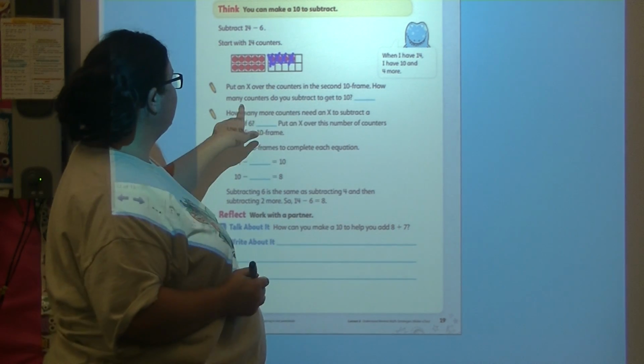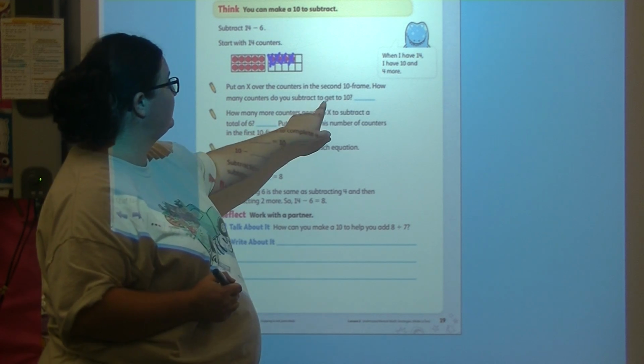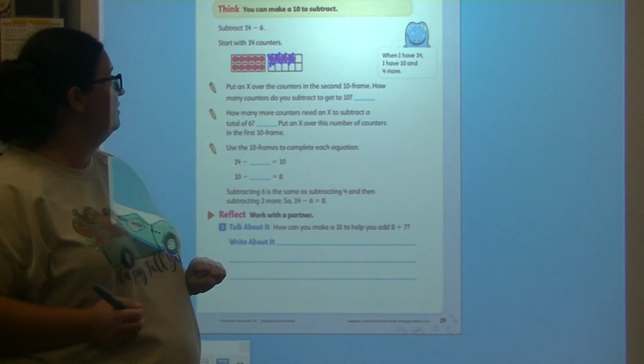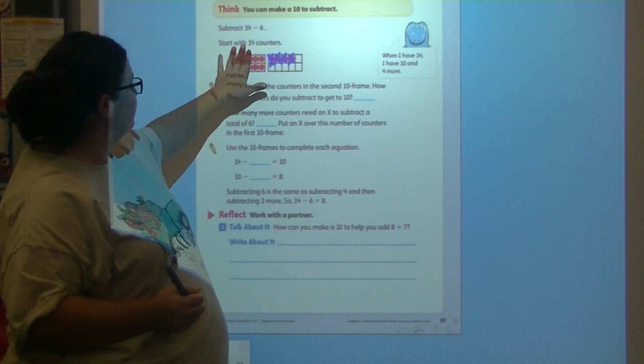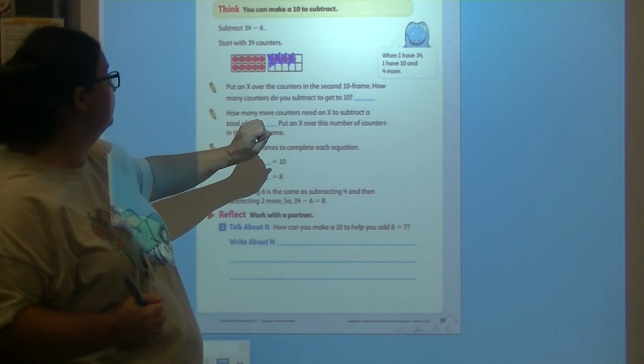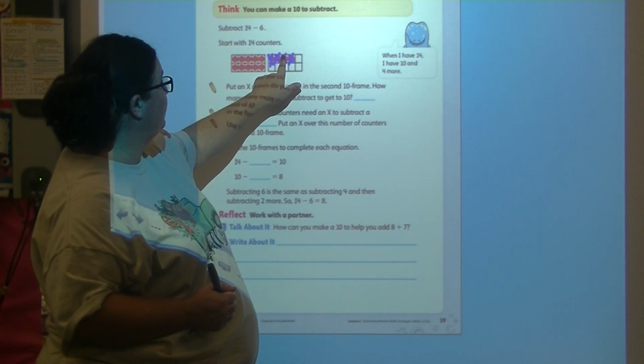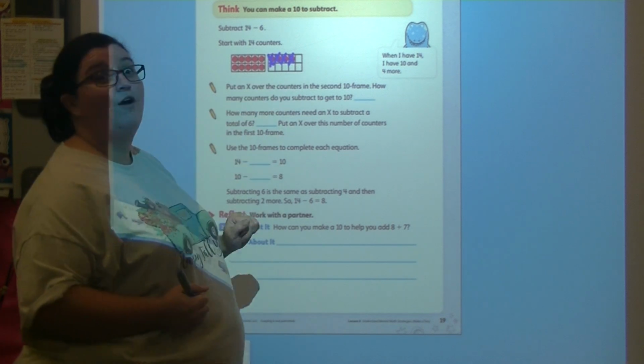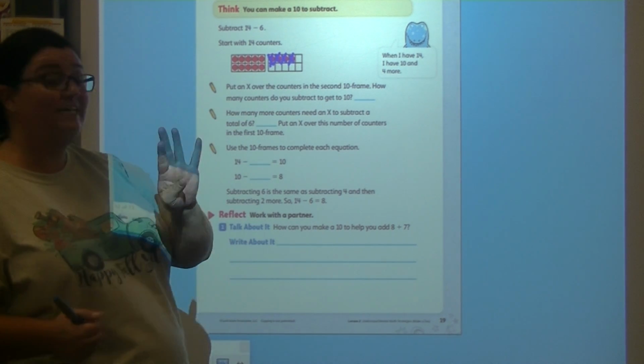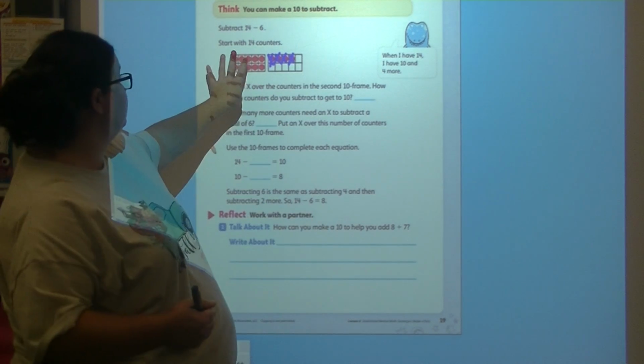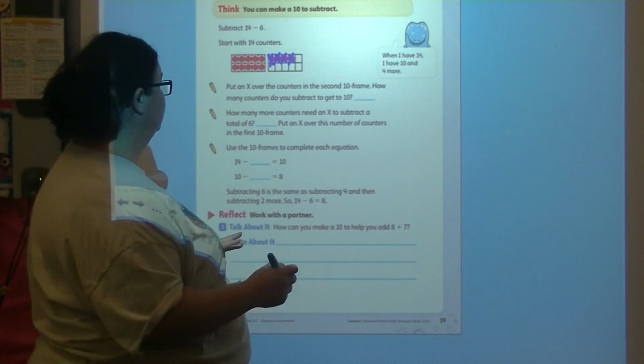It says, how many counters do you subtract to get to 10? So how many did I X out here to get to the number 10? Let's count. 1, 2, 3, 4. So I had to X out 4 to make a group of 10.